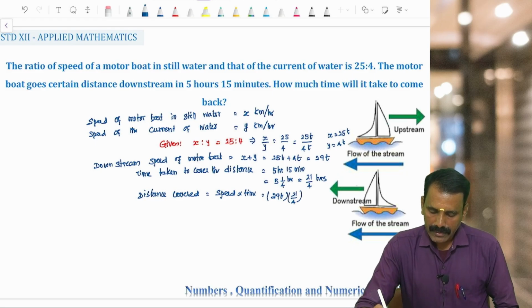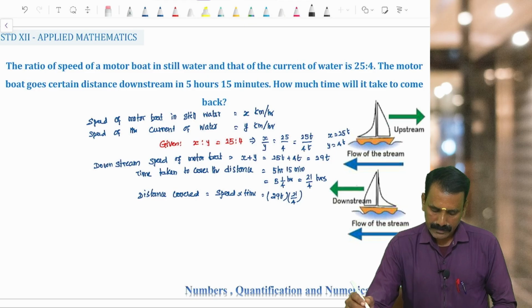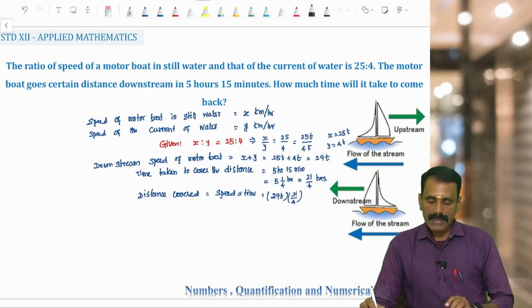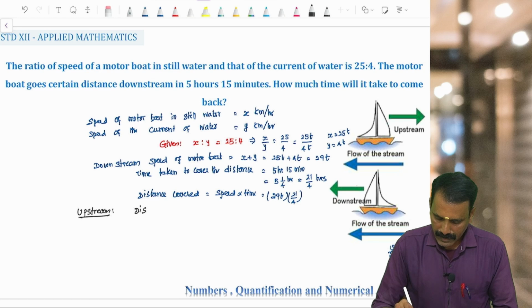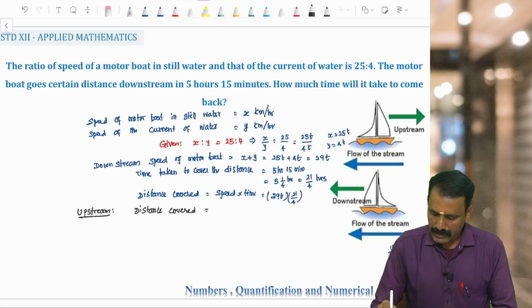Now let us calculate for the upstream. So upstream, it is going to travel the same distance. So distance covered will be equal to 29 into 21 by 4t.